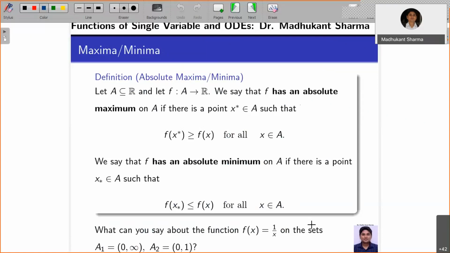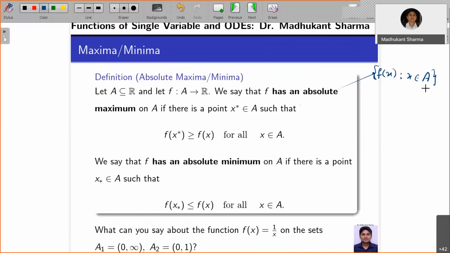So now certainly we can talk about them. What will be the maximum value of f? What will be the minimum value of f? If the function f is bounded, the set of f of x such that x belongs to A is bounded, which means I can talk about its infimum and its supremum.